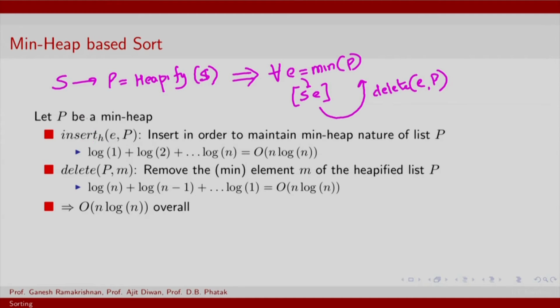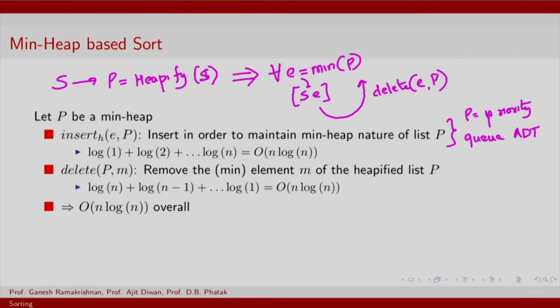So that is what we have shown here. First you insert elements from S into P while maintaining the min heap nature of list P. So recap that this is nothing but invoking P, the min heap, as a priority queue abstract data type. Now for every insertion you are going to traverse the height of the existing tree.